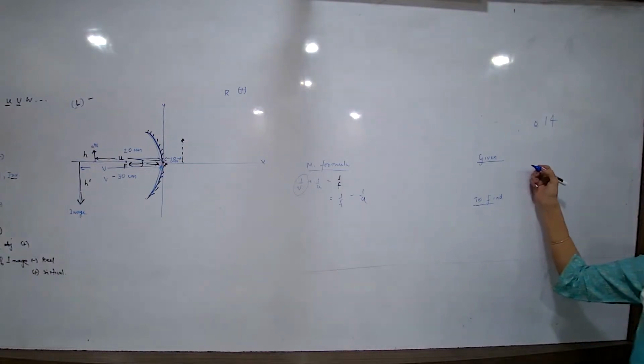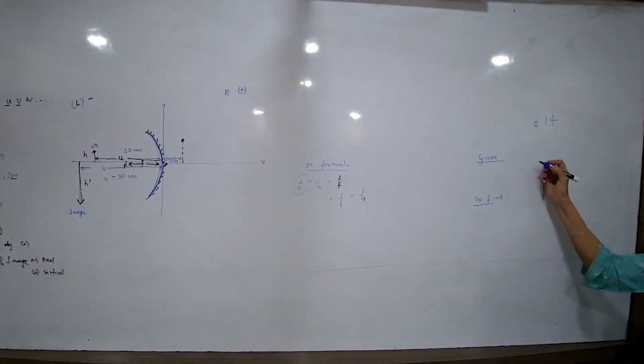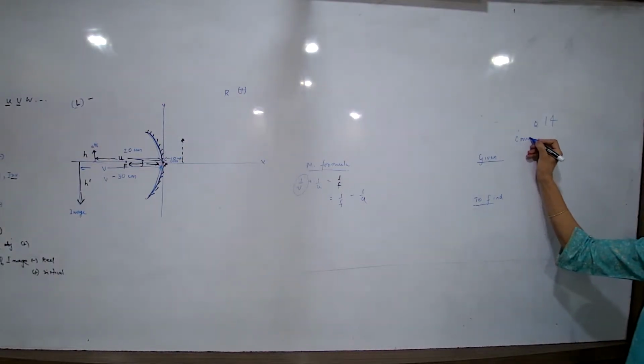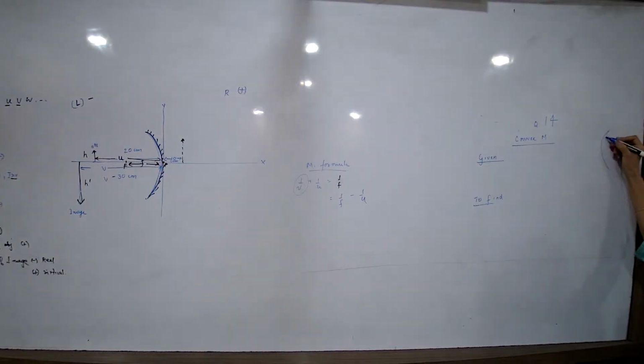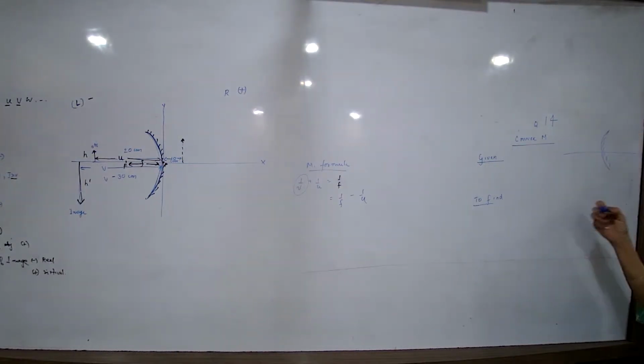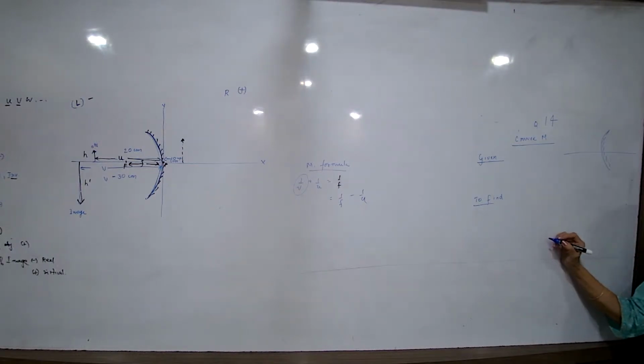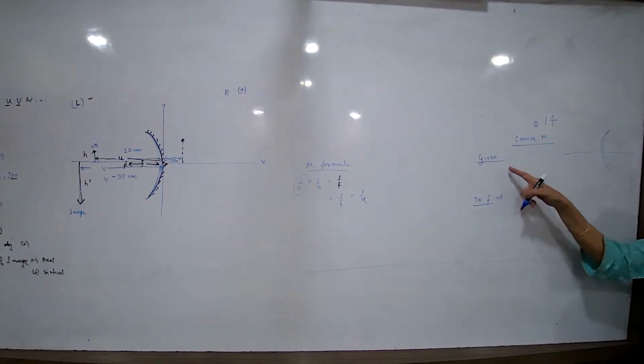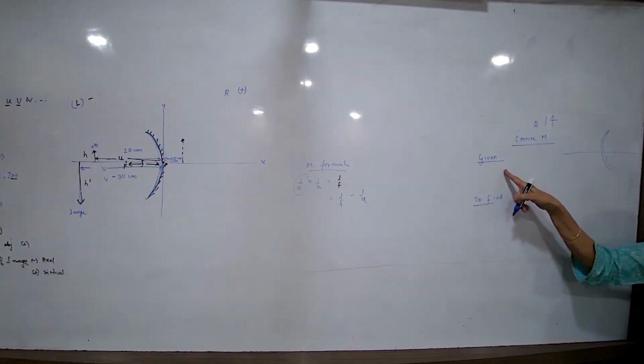What's given to us? Very good. First, it is a convex mirror. What should I do? Draw this diagram. Okay, rough diagram, enough. What else is given? One by one. Object length.